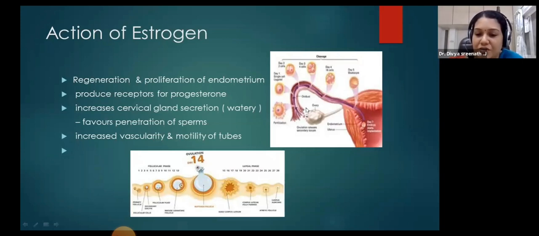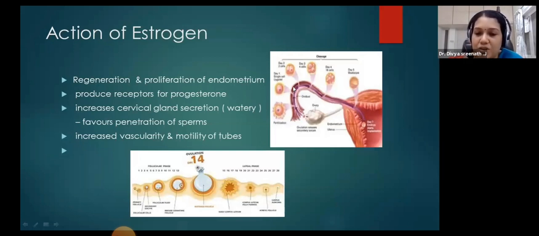When ovulation occurs, the fimbriated end, the finger-like end, picks up the ovum after ovulation. Then this ovum is passed through this area. When fertilization occurs, it usually occurs in the ampullary region, and the fertilized oocyte passes through the tube and reaches the uterus.